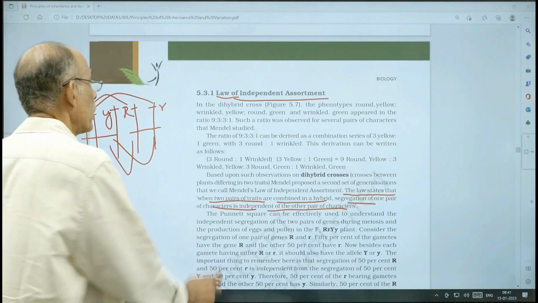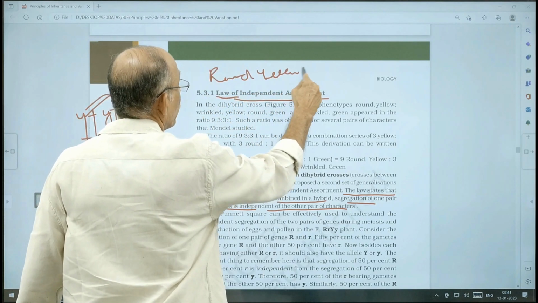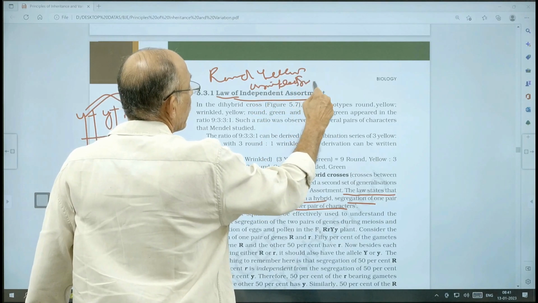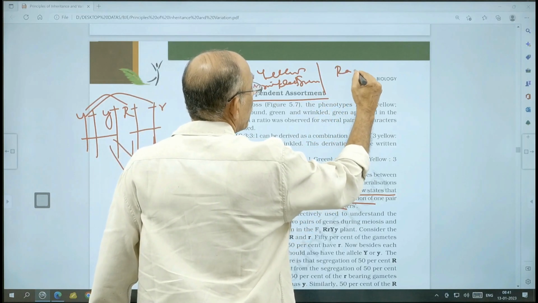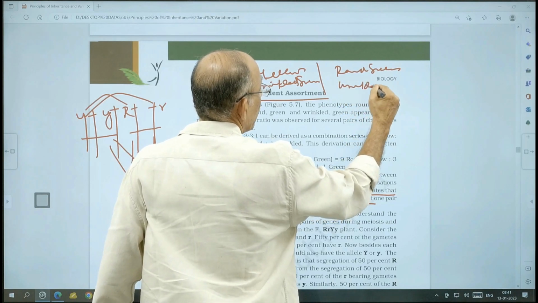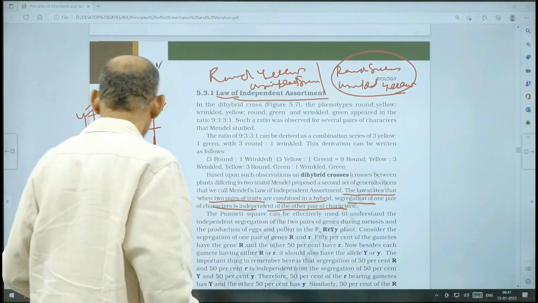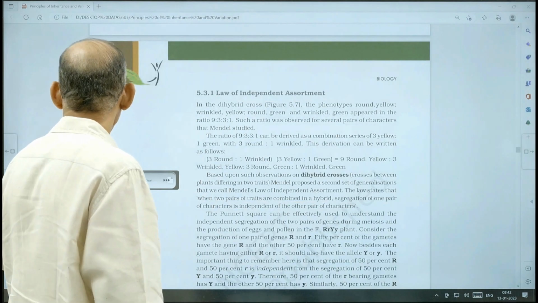Two parental types, round yellow and wrinkled green. At the same time, two new types, round green and wrinkled yellow. So that is Mendel's dihybrid cross.